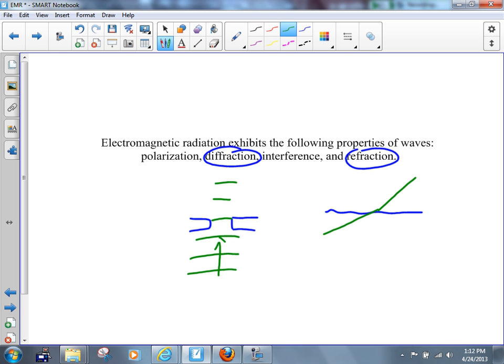But it doesn't go straight through and continue like this. It goes through and then spreads out when it gets to the other side. That's called diffraction. It happens in waves, but it also happens in electromagnetic radiation. So again, more evidence to support the wave nature of EMR, the fact that it undergoes diffraction.